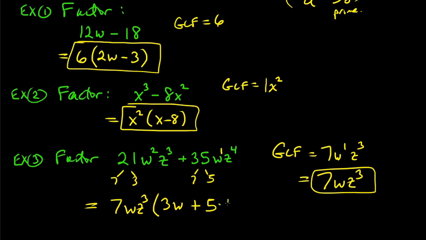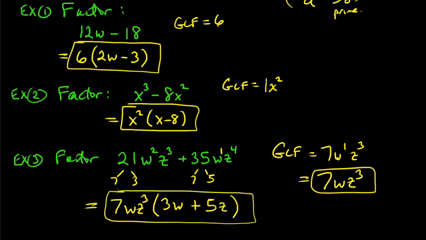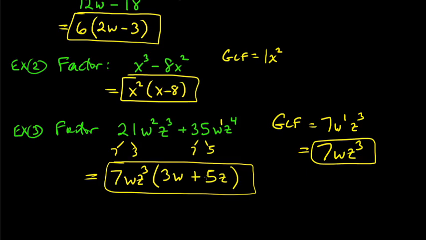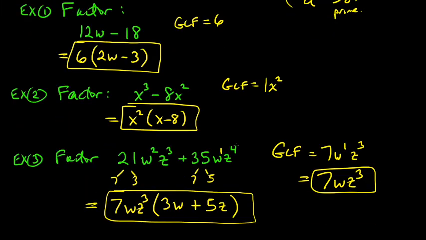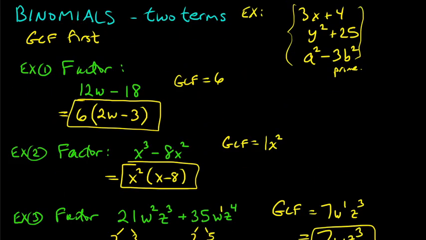It's just 5 times 1. And then z to the 4th divided by z to the 3 is z to the 1. Okay. And we're done again, right? So 7wz cubed times 3w plus 5z. Okay, and that's probably about as hard as it gets for GCFs here, right?